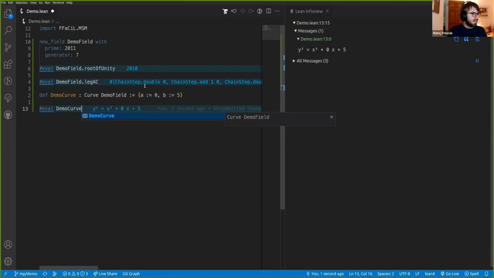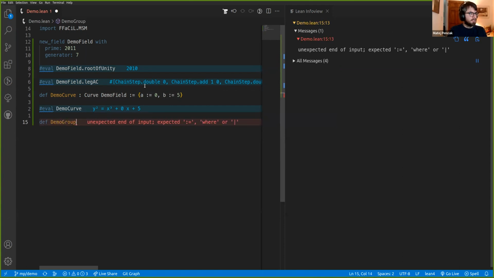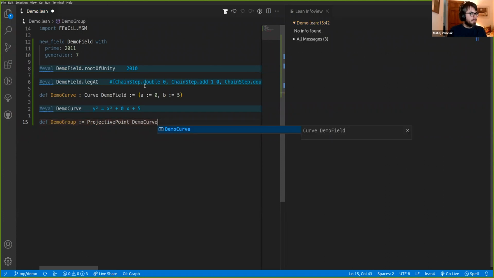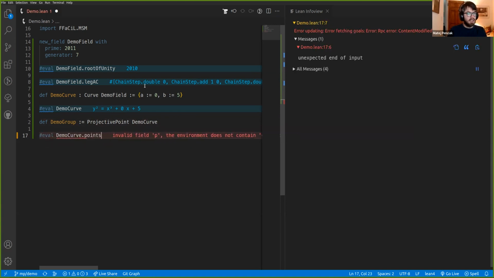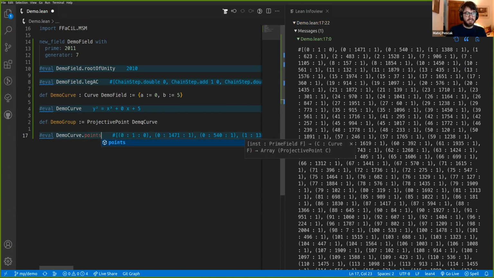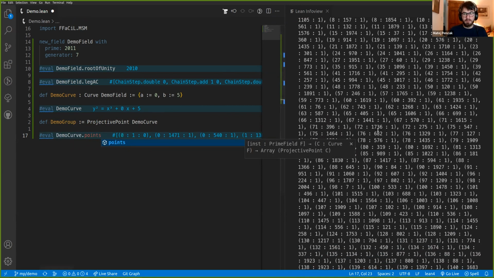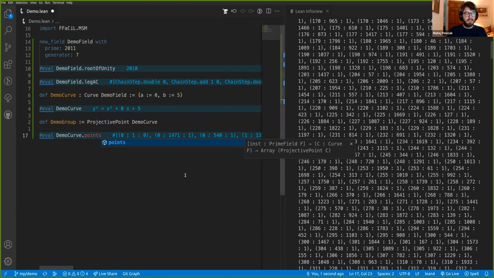We can define the demo group to be projective points over the demo curve. And we can even check things like, let's get all the points for the elliptic curve. And so demo curve.points returns all of the points on the elliptic curve.